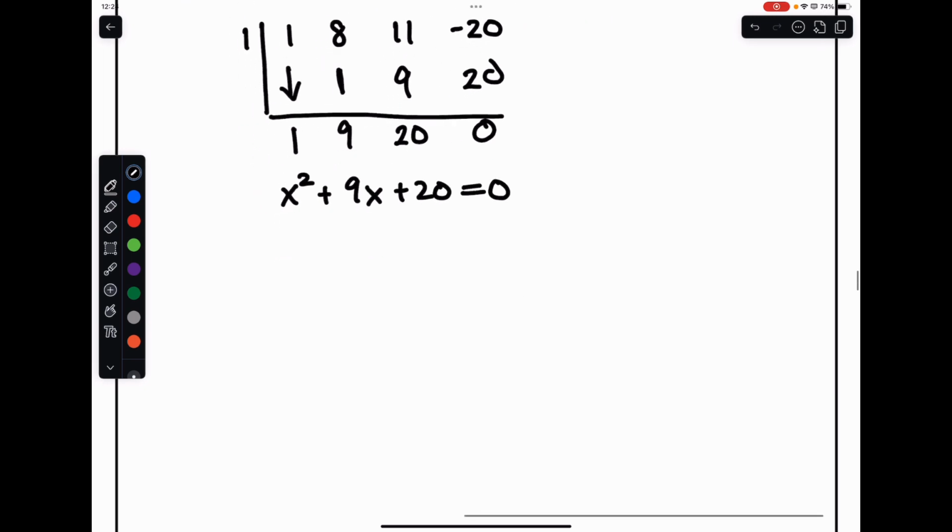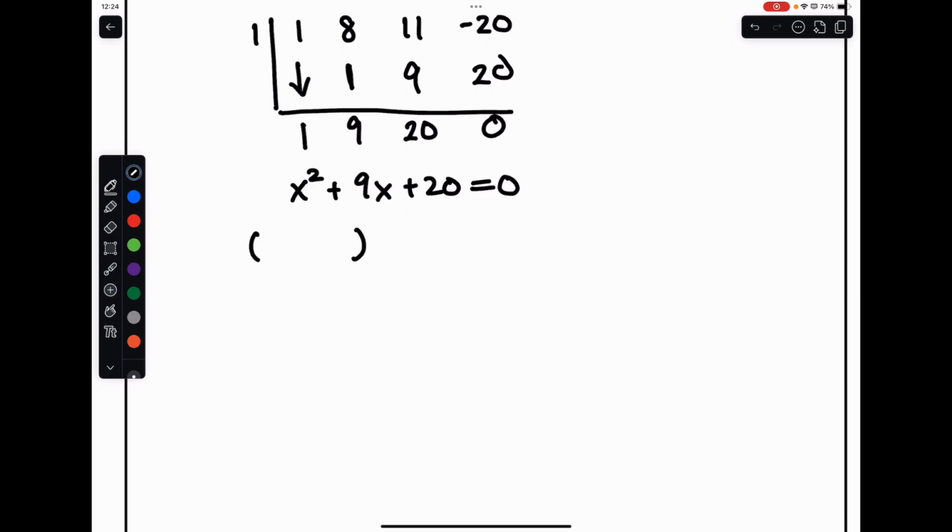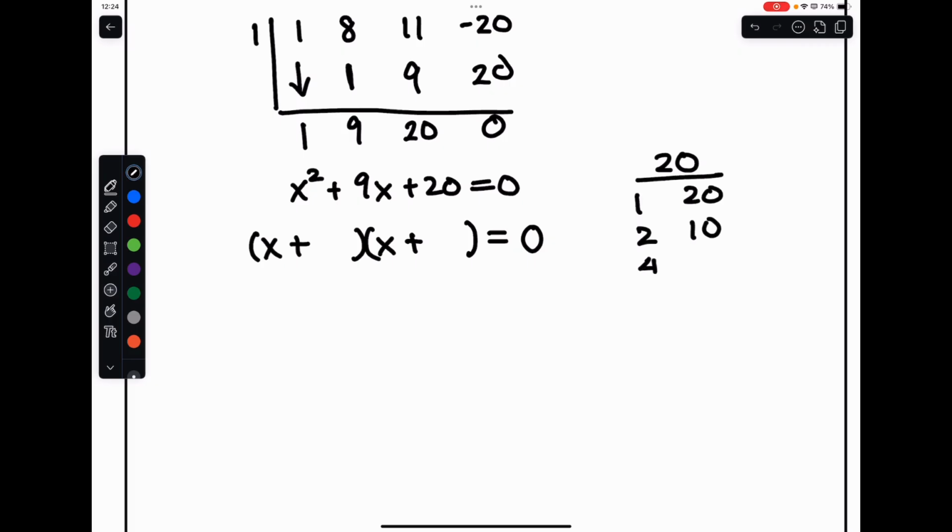Now, since this is a quadratic trinomial, hopefully this thing is factorable. We don't have to use the quadratic formula. And let's check. So we have x and x, plus and plus. Let's look for the factors of 20. Okay, and since we want the two numbers to add up to 9, that would have to be positive 4 and positive 5.